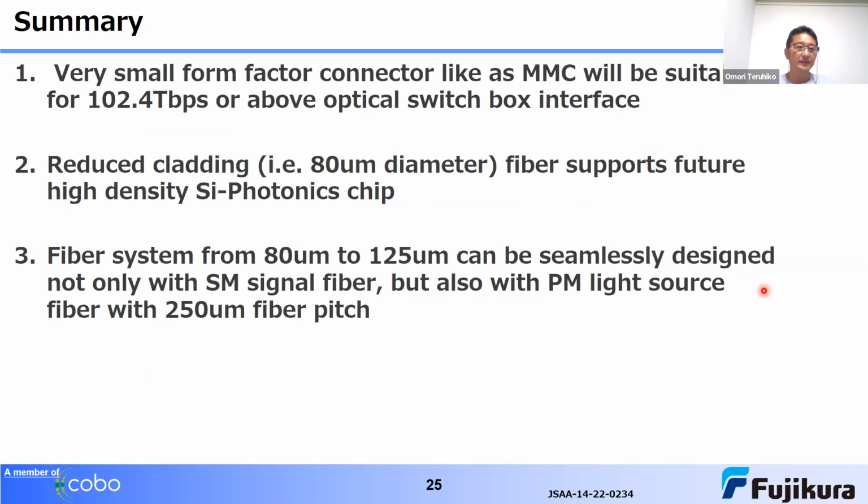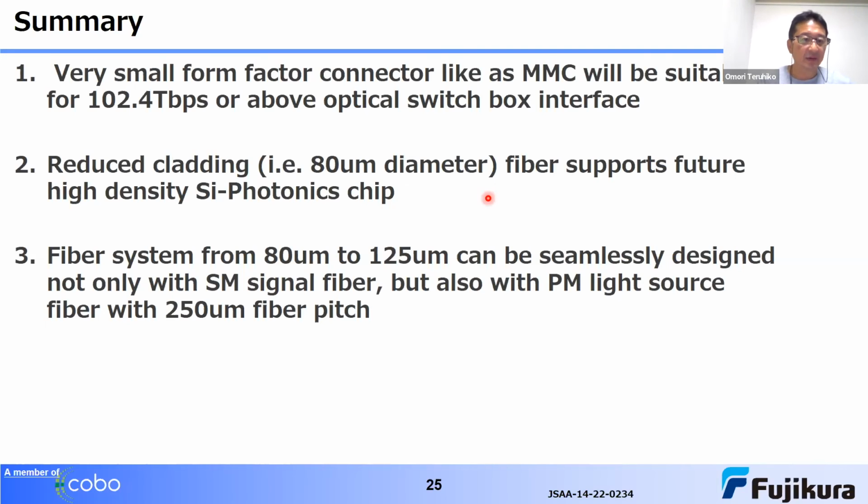And this slide is showing a summary. First, a very small form factor connector like MMC will be suitable for 402 terabit per second or above optical switch box interface. Second, reduced cladding, that is 80 micron diameter fiber, supports future high density silicon photonics chips.